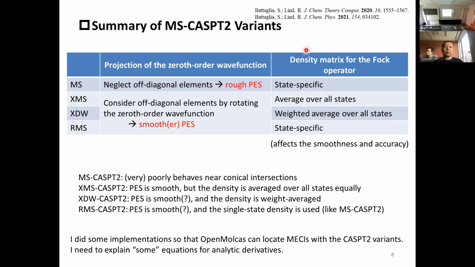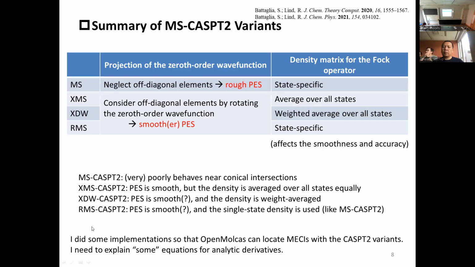But there are also differences in the density matrix used in the Fock operator. As a result, MS-CASPT2 cannot be applied to conical intersections, and XMS-CASPT2 may be very fine around the conical intersection. And we are not very sure about XDW and RMS-CASPT2, although Stefano has already investigated.